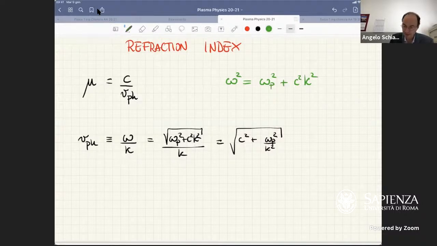And remember that k is k_R, the real part, the propagation of the wave.